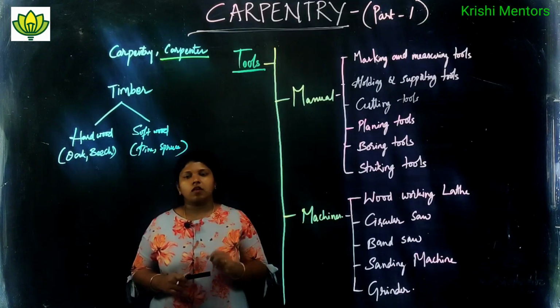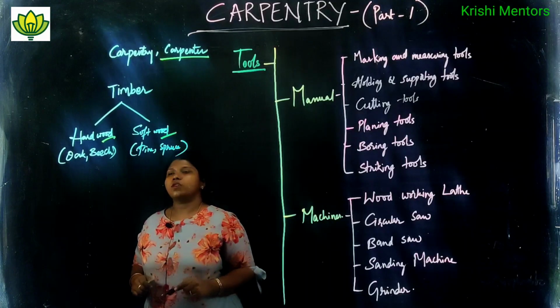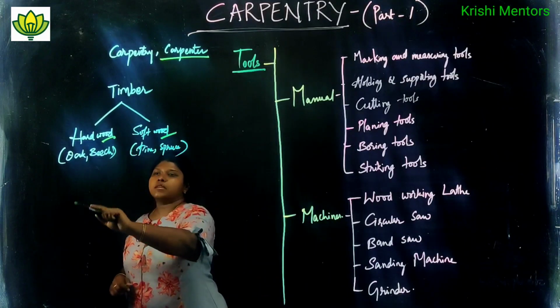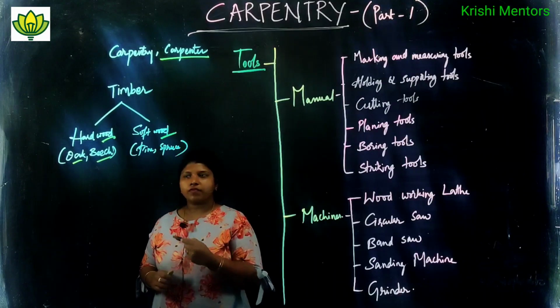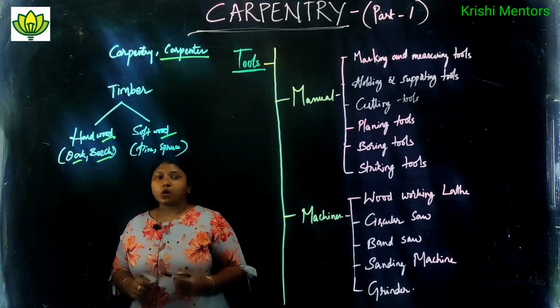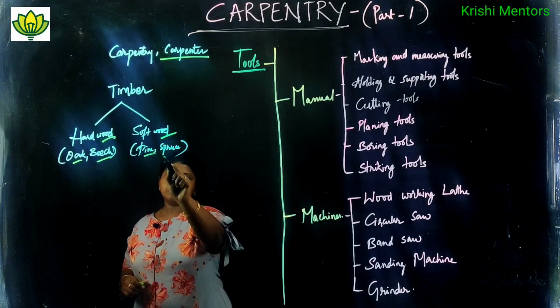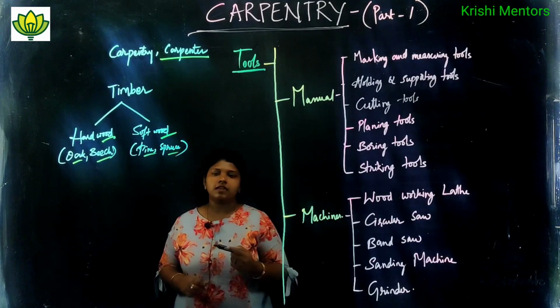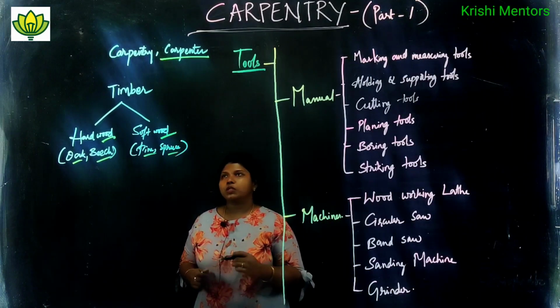Timber is of two types: hardwood and softwood. Hardwood is made out of oak and beech like trees. They are broad-leafed trees. And softwood is made out of pine and spruce. These have needle-like thin narrow leaves. So this is about timber.